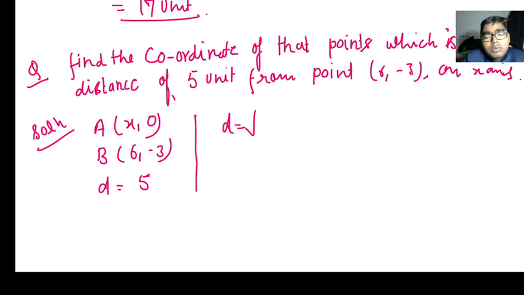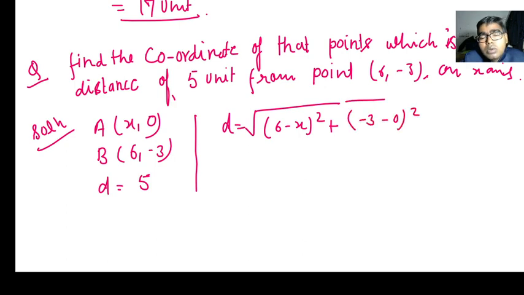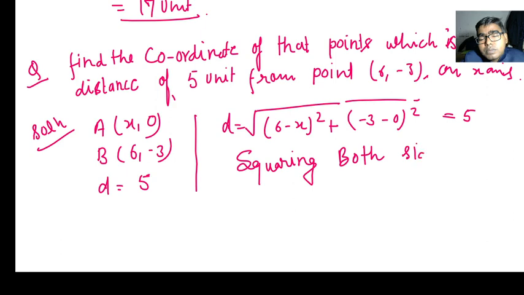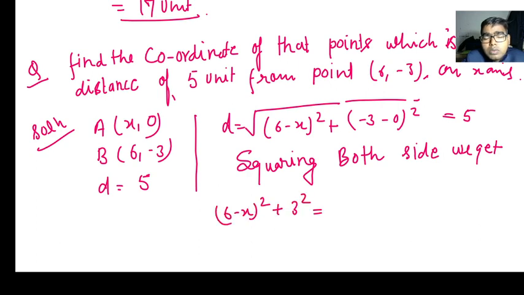Distance d equals under root (6 minus x) whole square plus (-3 minus 0) whole square, equal to 5. Squaring both sides, we get (6 minus x) whole square plus 3 square equal to 25.